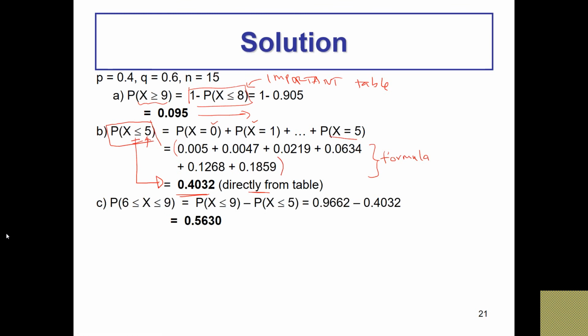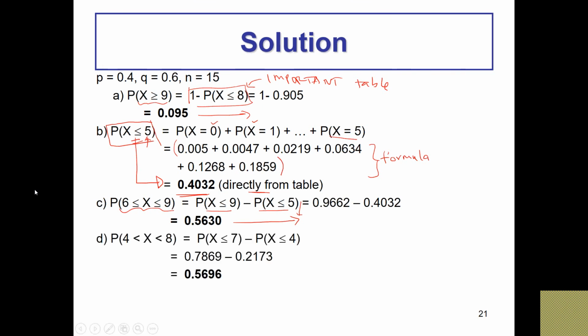For 6 to 9, include 6 and 9. This is how you're supposed to write your 6 to 9, and of course you can find this value and this value from the table respectively. Next, D. In between 4 and 8, you exclude your 4 and your 8.